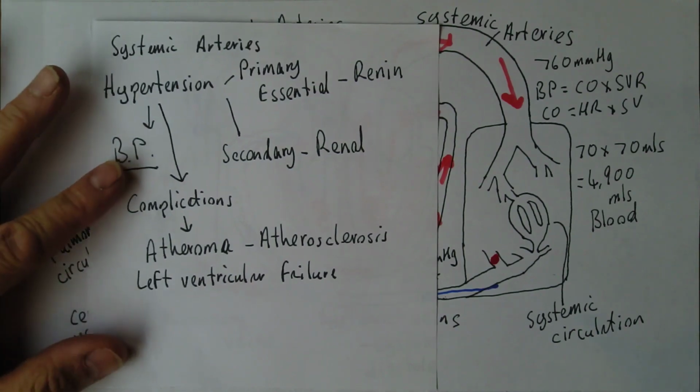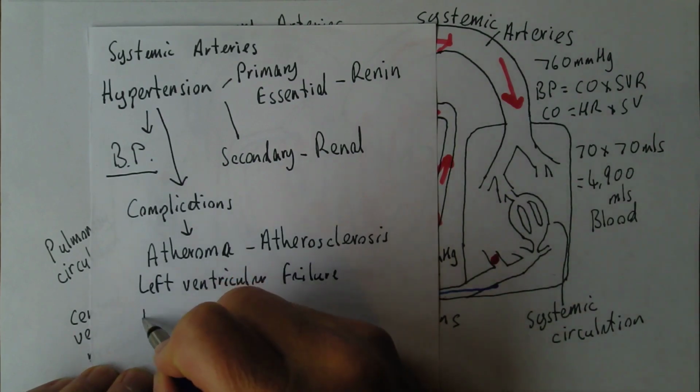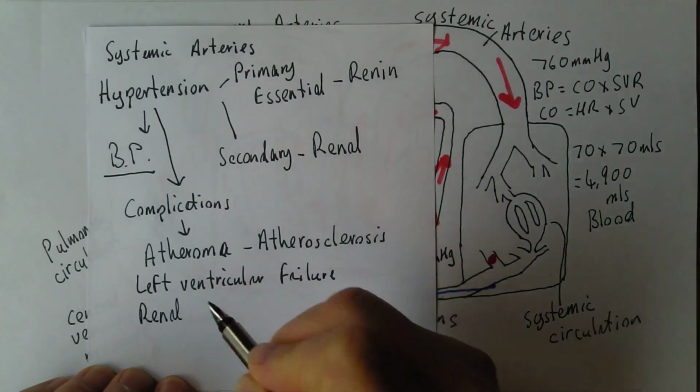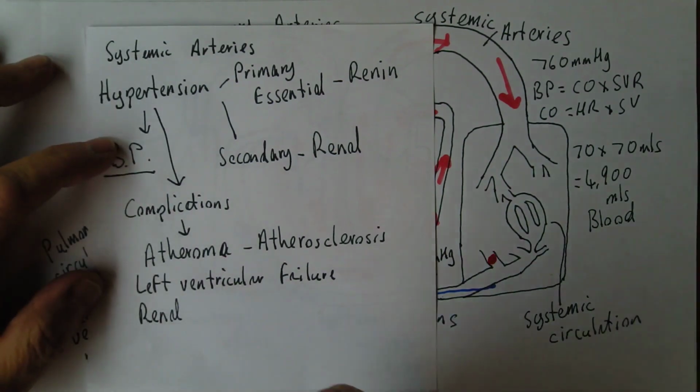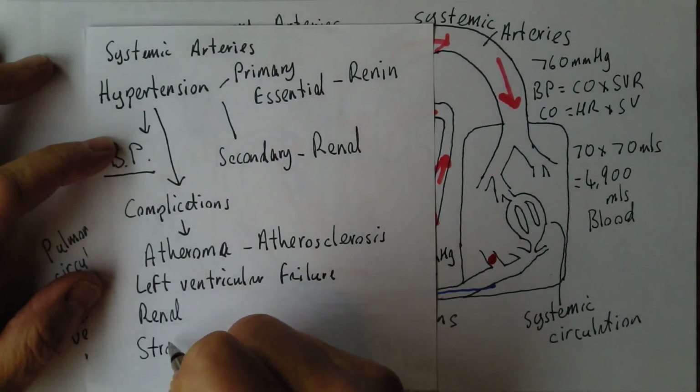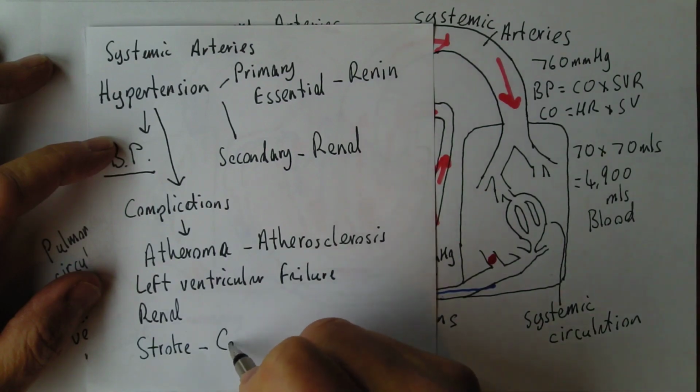The kidney is like a constant blood pressure, so there can be renal complications as a result of hypertension. And another big risk is stroke, cerebrovascular.